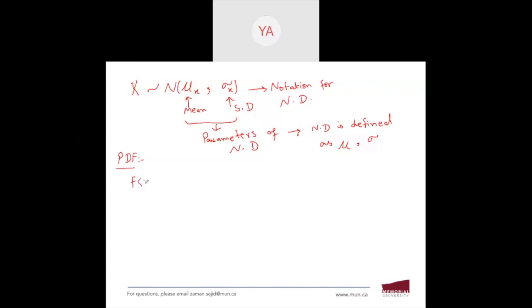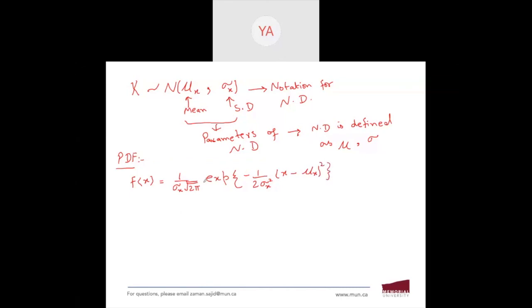This is the formula for the PDF: 1 over sigma of x square root of 2 pi, exp of minus 1 over 2 sigma square of x, times x minus mu of x whole square.